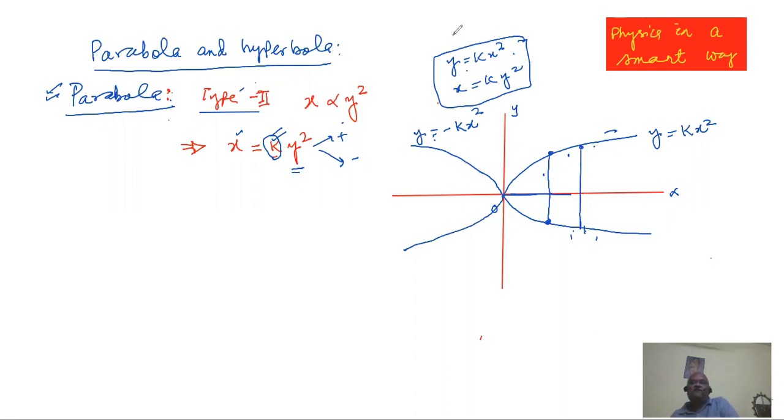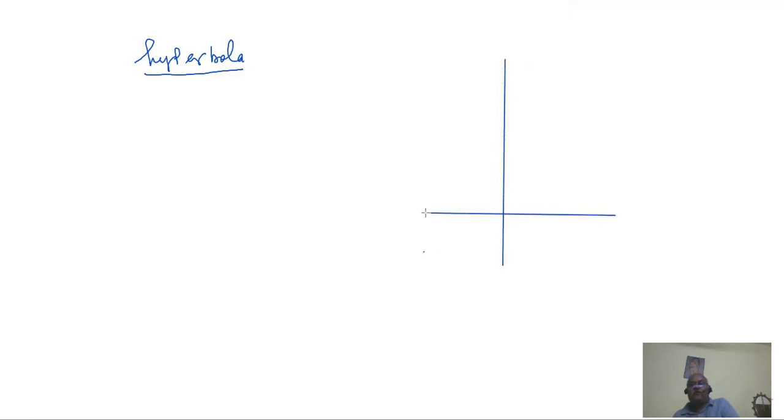I think I am clear. Now we go to the last curve that we got, which is hyperbola. I won't introduce its fundamental equation.